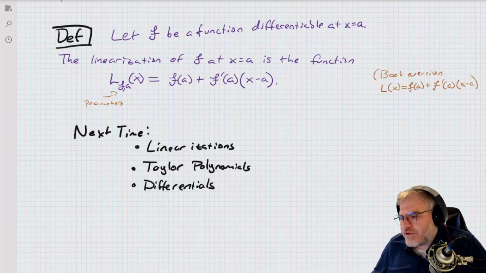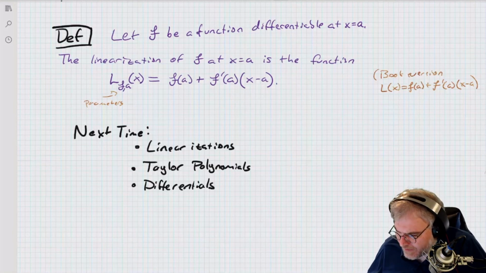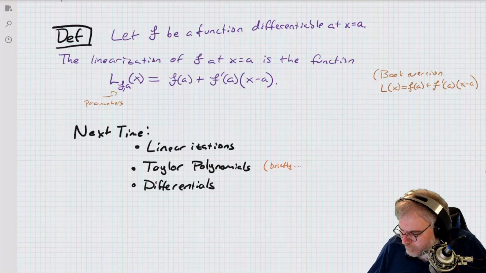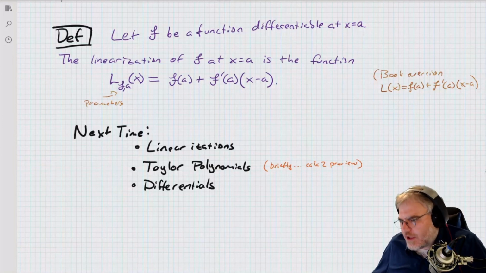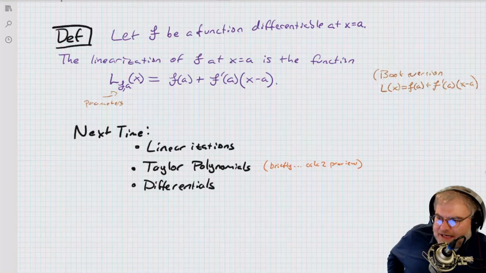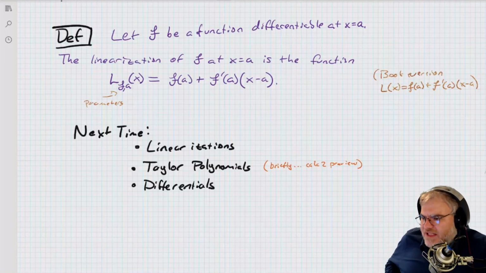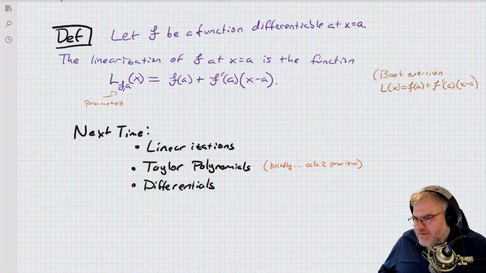But I'm going to include Taylor polynomials because this sets up something for Calc 2. It's going to be brief. If this is the terminal course, if you're going to med school, you're going to want the second order Taylor polynomial kind of in your pocket, because you'll see it again in a couple formulas.